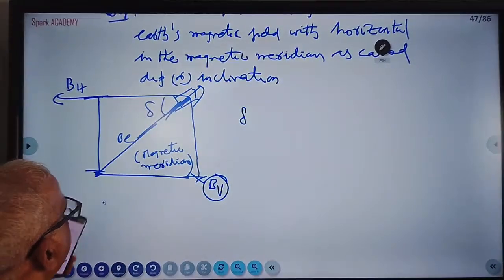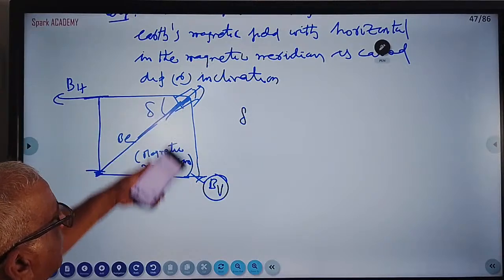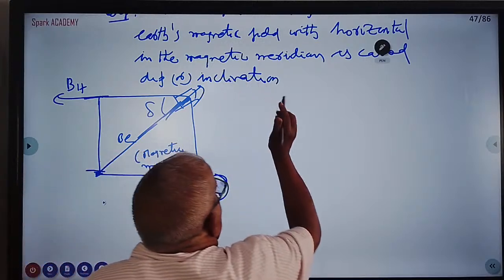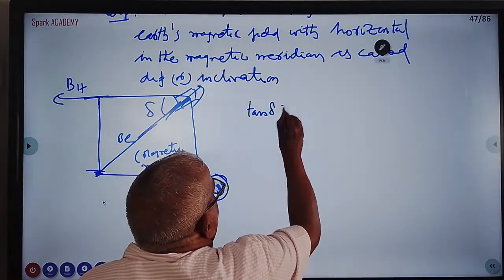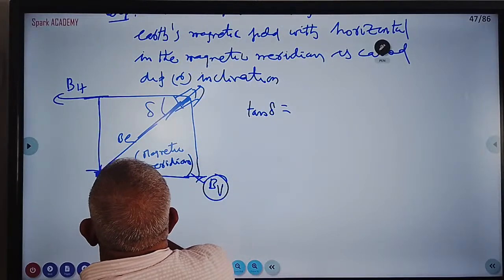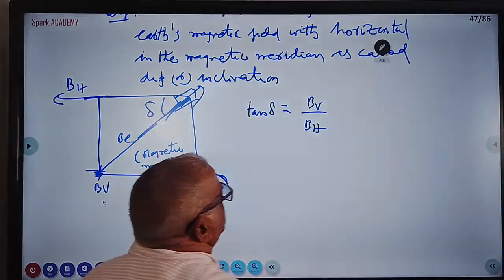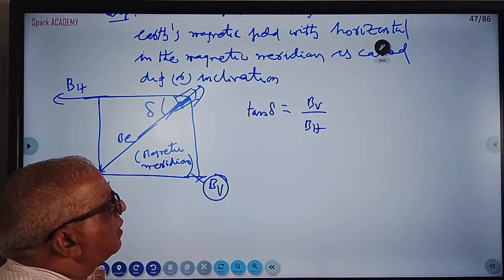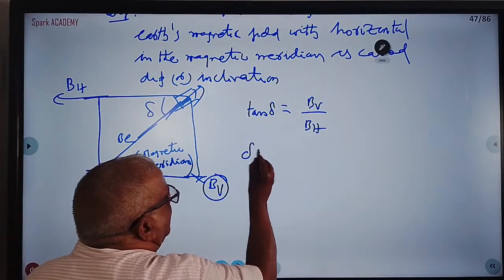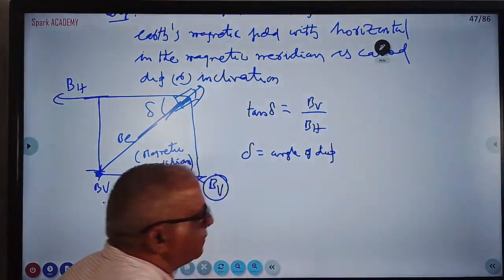In this, BV is the vertical component of Earth's field, BH is the horizontal component, and delta is the angle of dip. Using the triangle, tan delta equals BV by BH. Delta is called the angle of dip or inclination. This is measured by a dip circle.